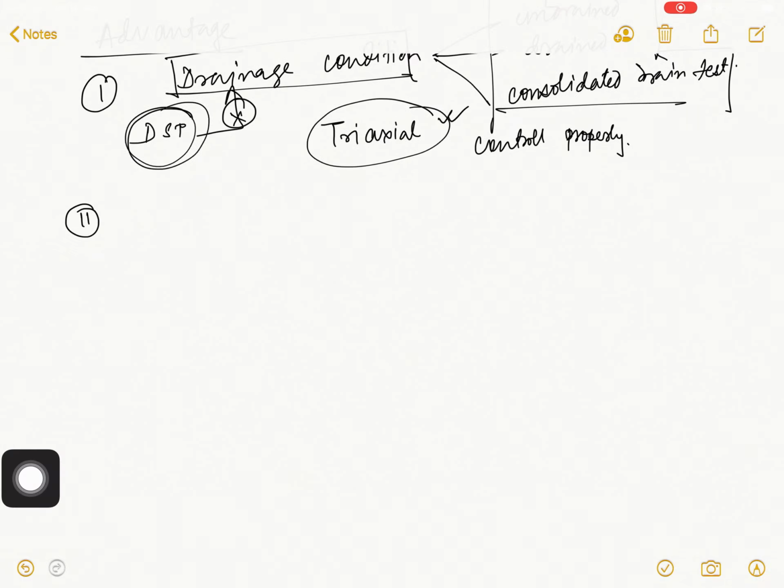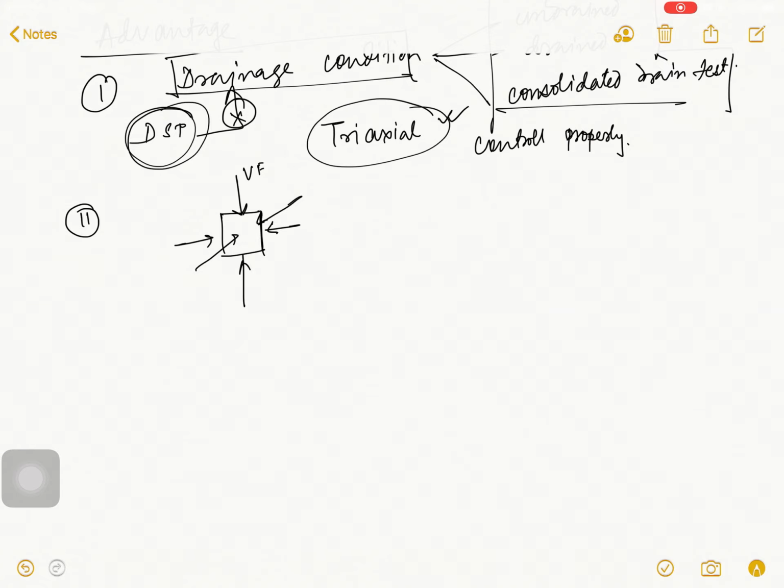Point number 2. We discussed in the last video that this is the sample, and in this direction a vertical force is applied, and in this direction pore water pressure is applied.